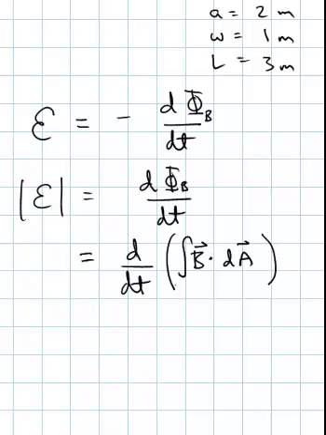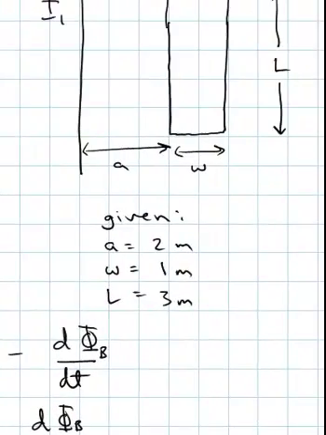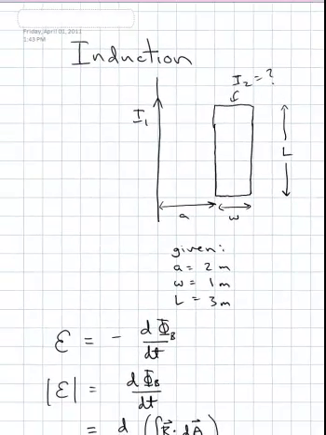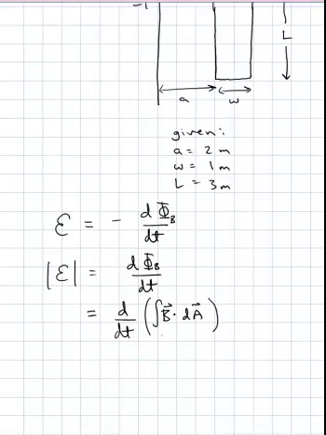And in our case, the magnetic field is not constant over the area. The magnetic field from a long wire falls off as 1 over r as you move away from the wire, and so the magnetic field is different over different parts of this rectangular loop of wire. So we actually have to do this integral.